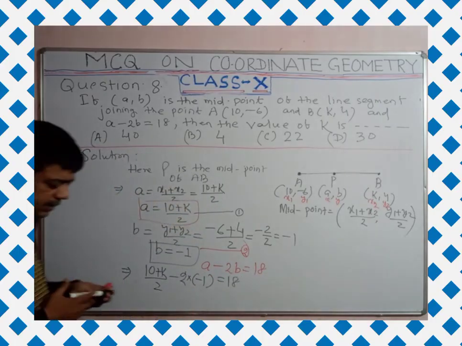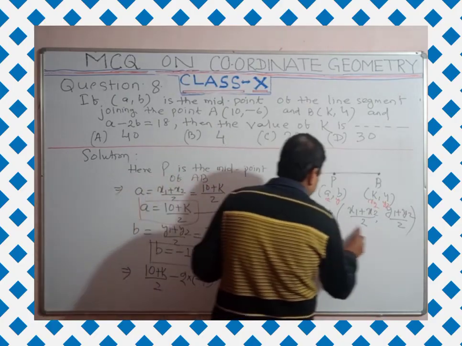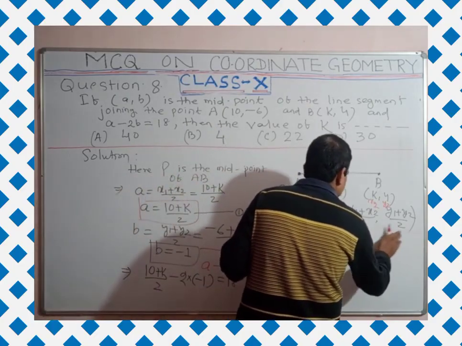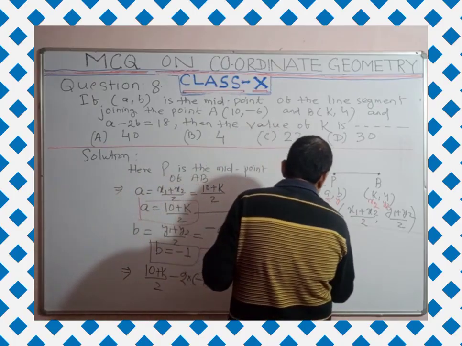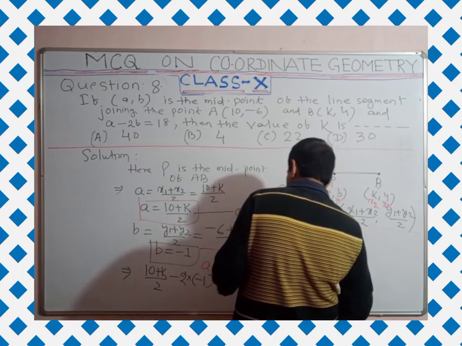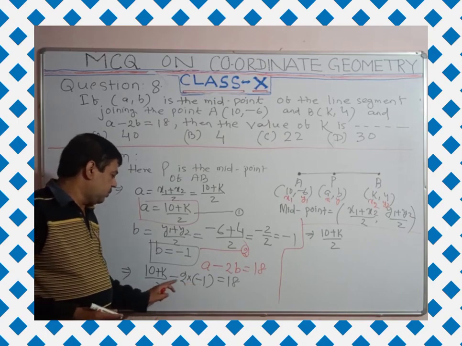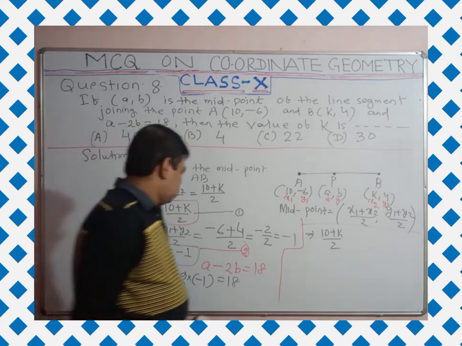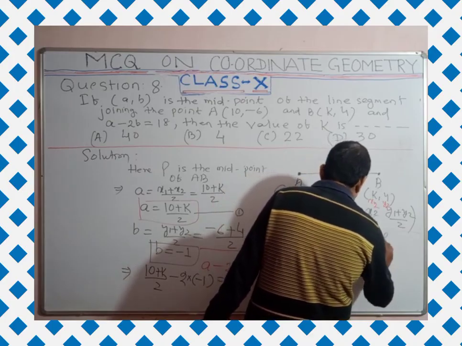Okay. Similarly, 10 plus k upon 2, minus 2 into minus 1, minus and minus become plus, and 2 ones are 2, so it will be plus 2 is equal to 18.